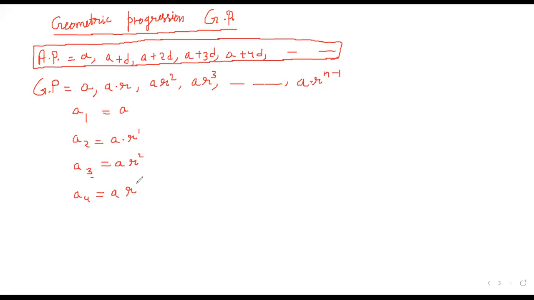A4 equals AR cube, means 1 less than 4 again. So if we find the nth term An, it will become A into R to the power 1 less than the order of the term. So nth term will be A into R to the power n minus 1.